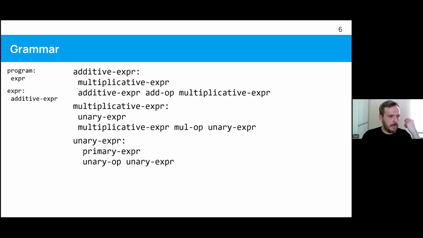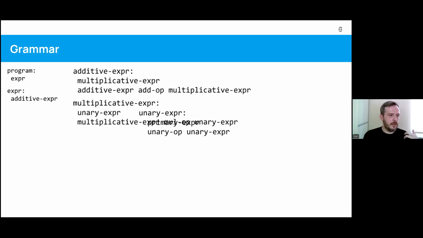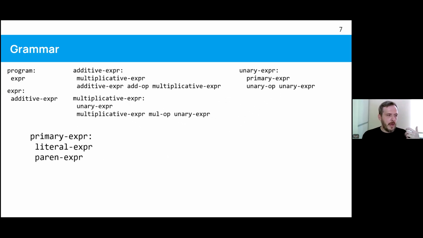Also, for the multiplicative expression, its operands are unaries. And a unary expression is defined in terms of a primary expression. So it's a unary operator, which can be plus or minus, followed by another unary expression, and this continues until we run out of operators.